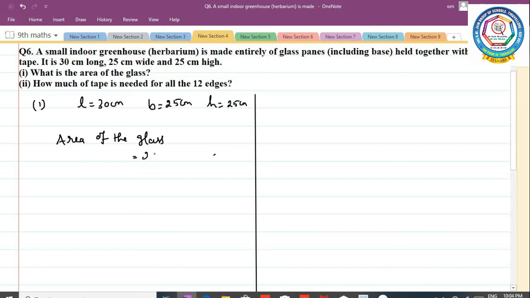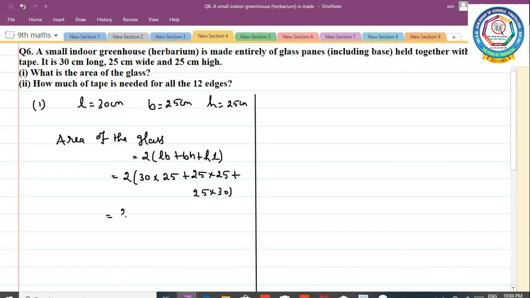Formula: 2 into LB plus BH plus HL. So 2 into L is 30 into B is 25, plus B is 25 into H is also 25, plus H is 25 into L is 30.